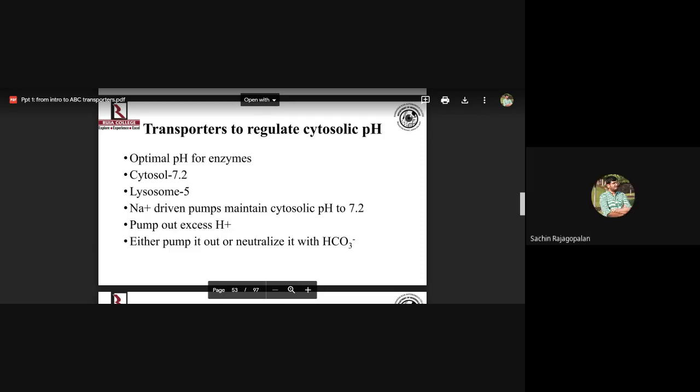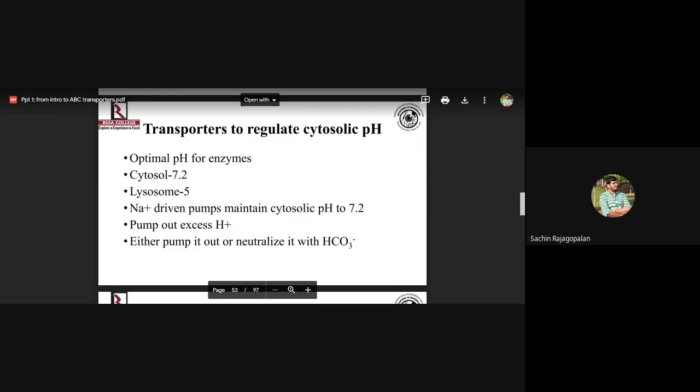Okay. So first and foremost, you need to understand that cytoplasm is the site for maximum metabolic activities. All cells will try to maintain their cytoplasmic pH close to neutral. Whether it's bacteria, animal cell, plant cell, mammalian cell, doesn't matter. The cytoplasmic pH is always close to 7.